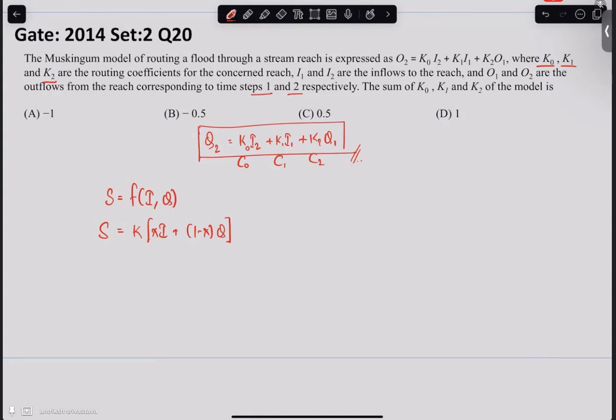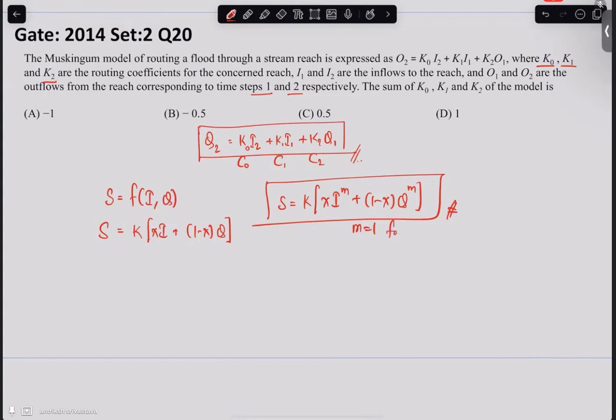But in general, we used to say S is equal to K times X I power m plus 1 minus X Q power m, right? This was the more general kind of equation, and m is equal to 1 for a natural channel.